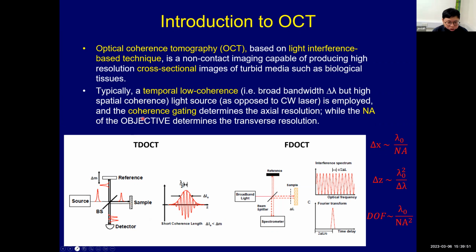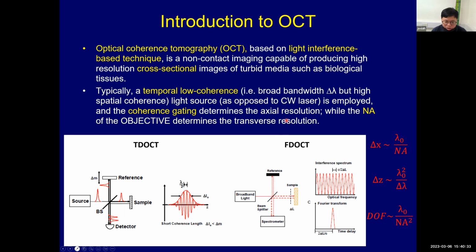Typically for OCT, the coherence gating is used to determine the axial resolution. As I'm circling here, the coherence length, which is the coherence gating, is provided by the broad bandwidth light source. When your bandwidth is broader, the width of this interference becomes narrower, which gives you high accuracy when measuring distance.